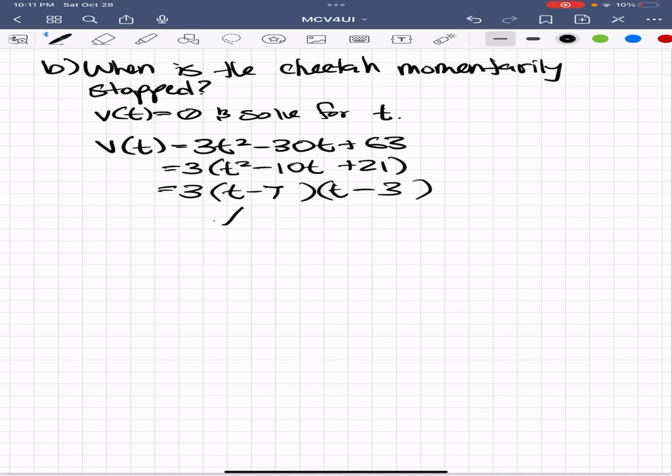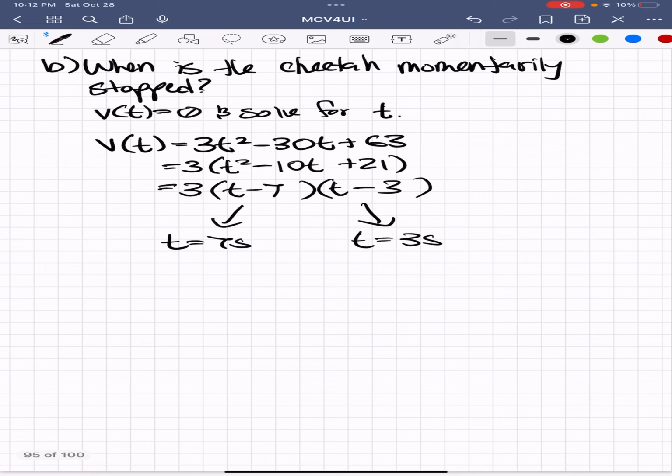So t equals 7 seconds and t equals 3 seconds. Or t equals 7 and t equals 3. The cheetah is momentarily stopped at 3 seconds and 7 seconds. And we'll do a little diagram.